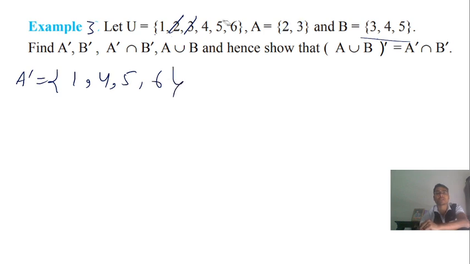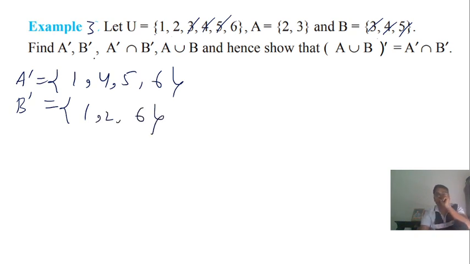We did A complement, now we will do B complement. B complement means subtracting all the elements of B from U. 3 4 5 is common, so the elements left in U are 1, 2 and 6. Now we will find A dash intersection B dash.